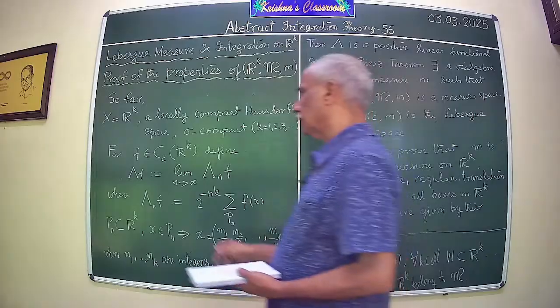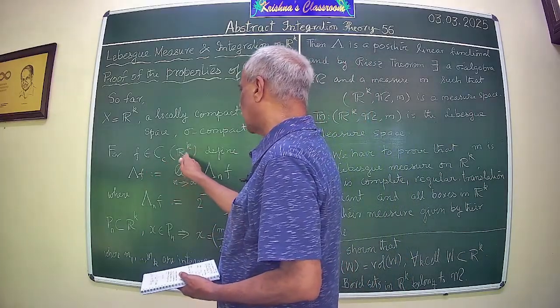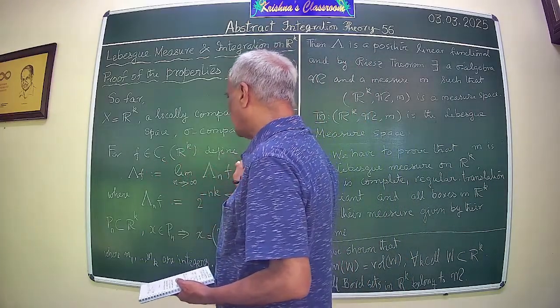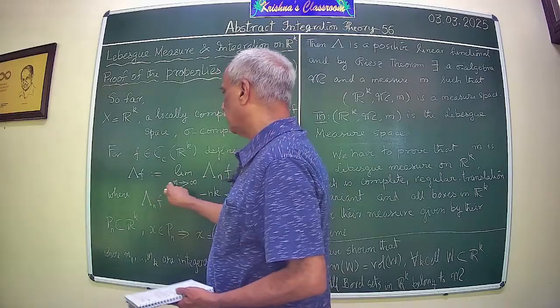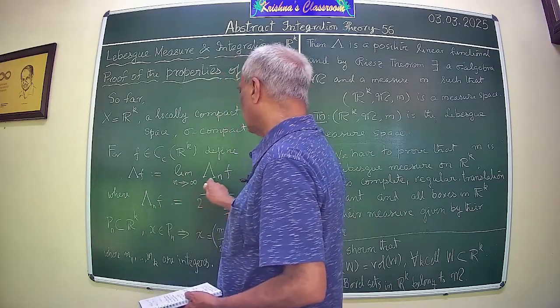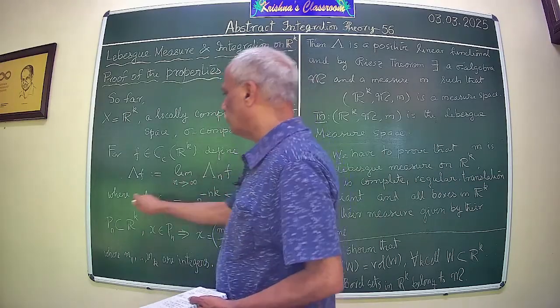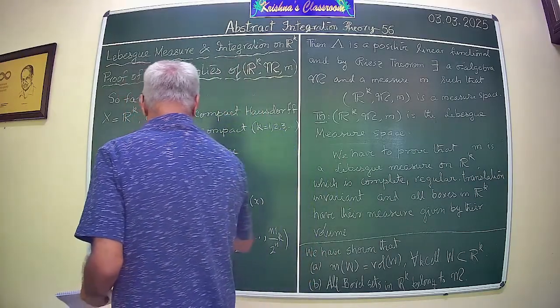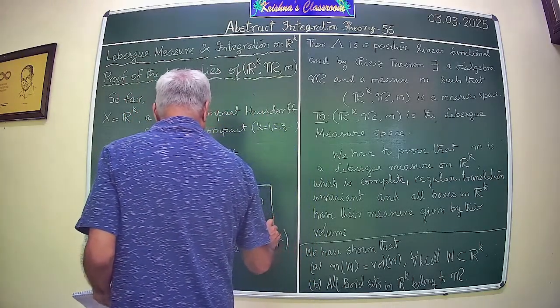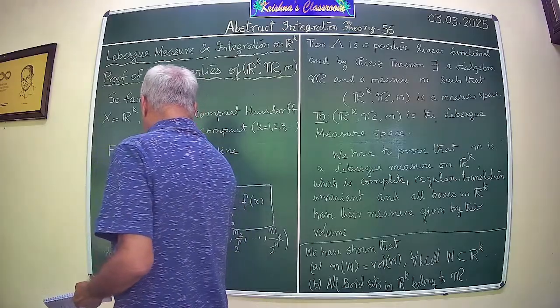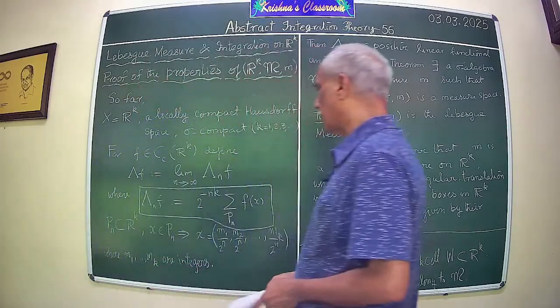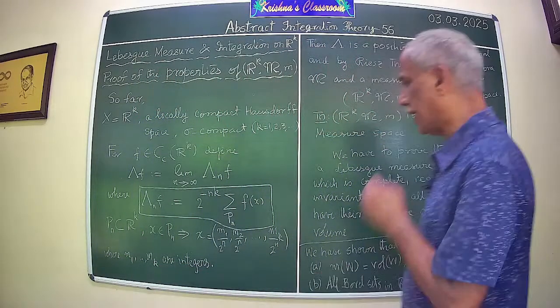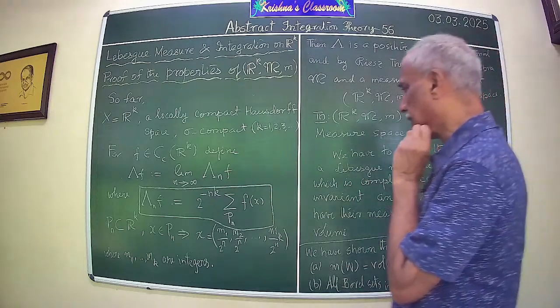Now, for f belonging to C_c(R^k), we defined lambda f to be the limit as n tends to infinity of lambda_n f, where lambda_n f was given by 2 to the power minus nk times the summation over P_n of f(x).